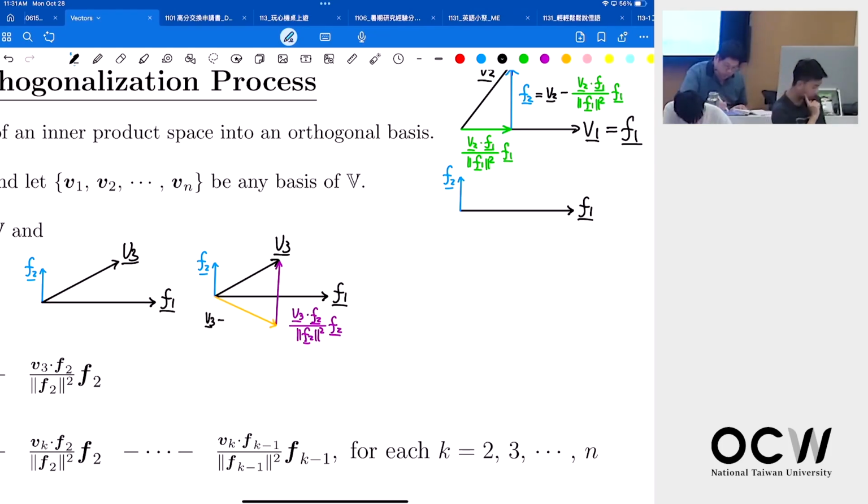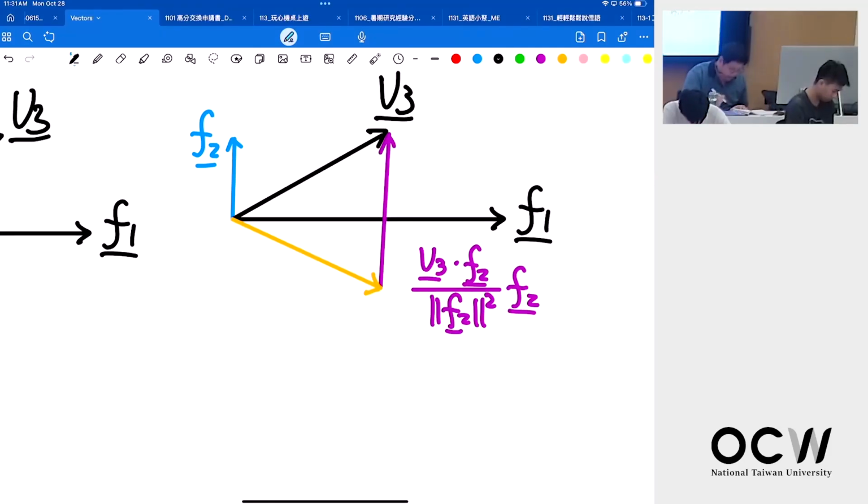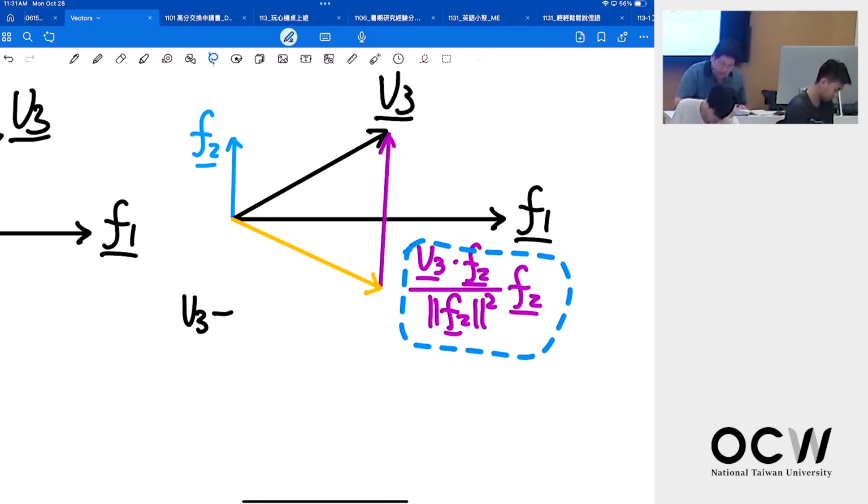So here I have v3 minus the parallel one.